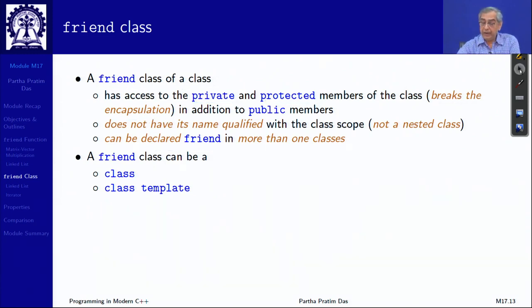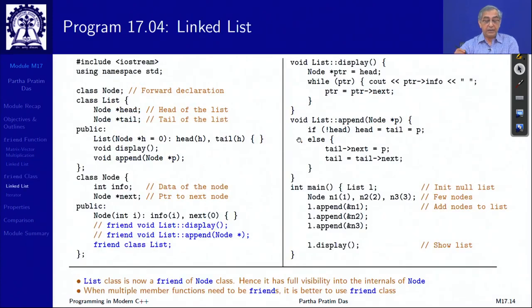So, we will rework the previous example using this. All that we do is in the same linked list, in the node class, I do not say that list::display is a friend function, list::append is a friend function. Rather, I say that the friend class list as a whole is a friend.